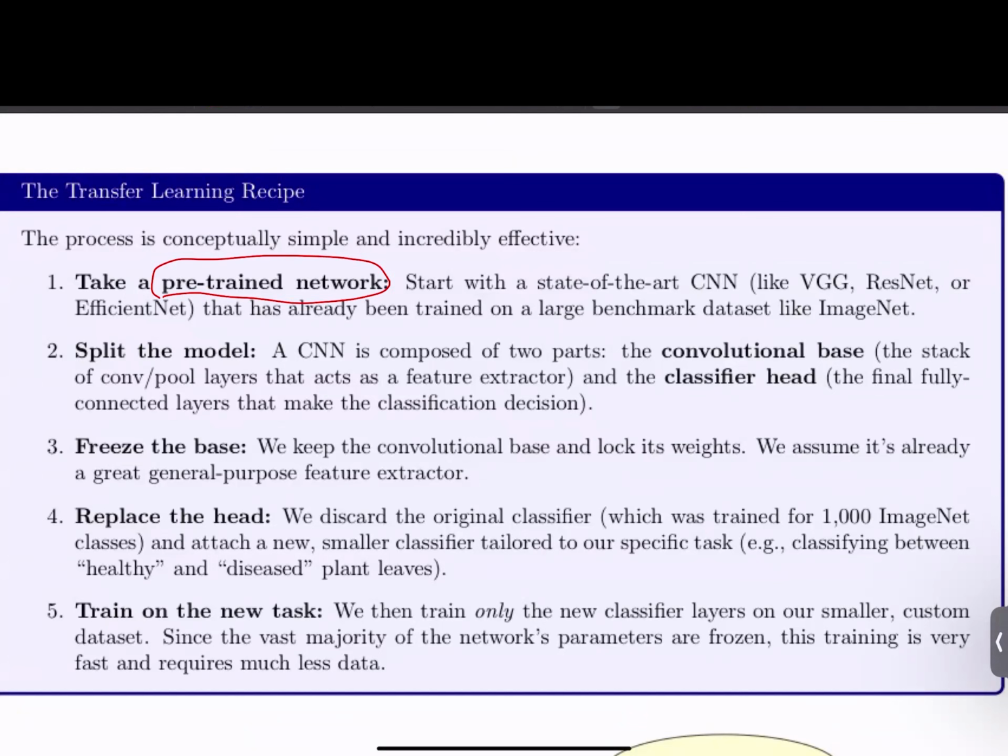So usually what we do is we split the CNN model in two parts. One is the convolutional base, which is basically these early layers that we discussed, that do the feature extraction. And then we have a head at the end that uses these final aggregated features.